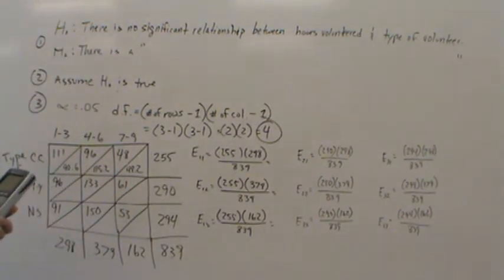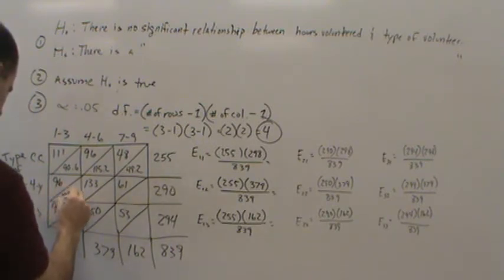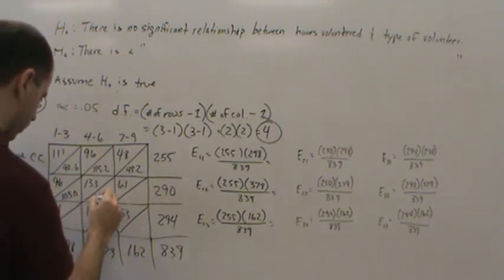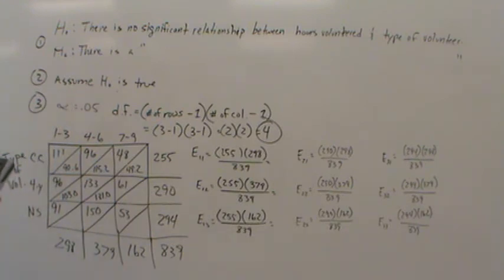Now I'm on to the second row, so it's going to be $103.0. $131.0. 56.0.